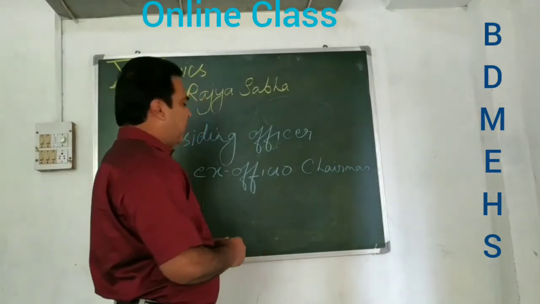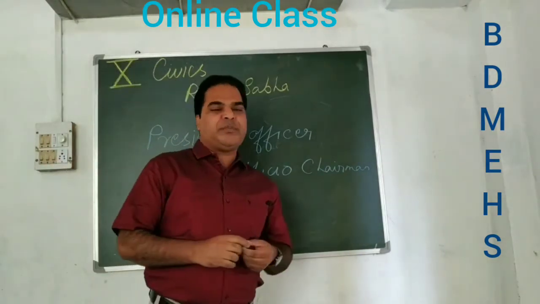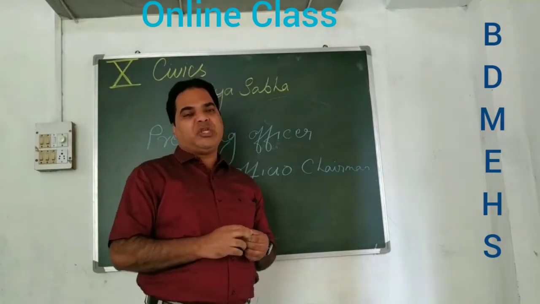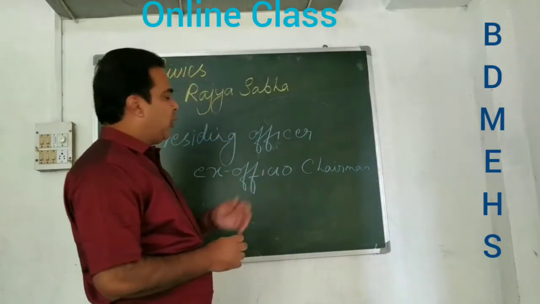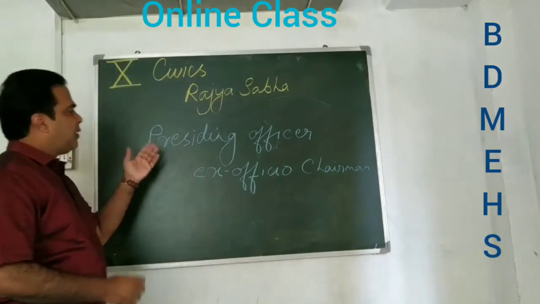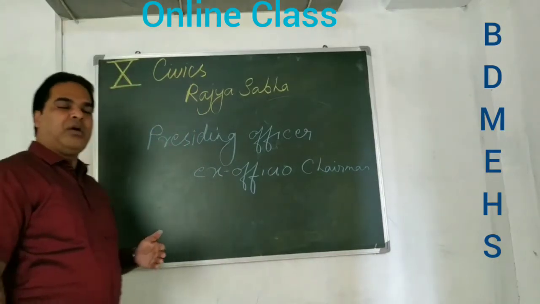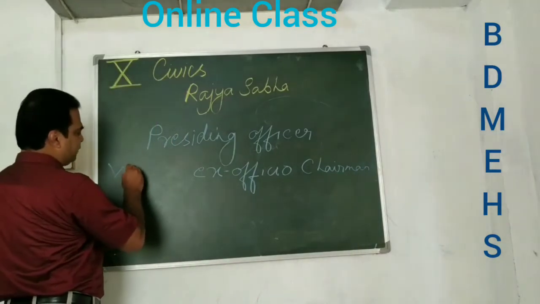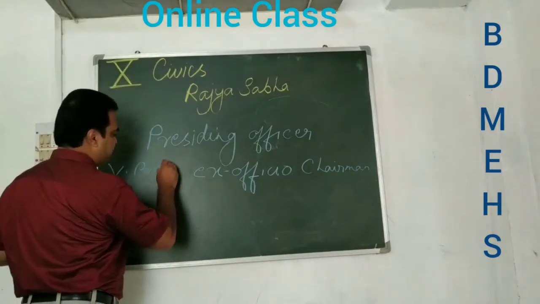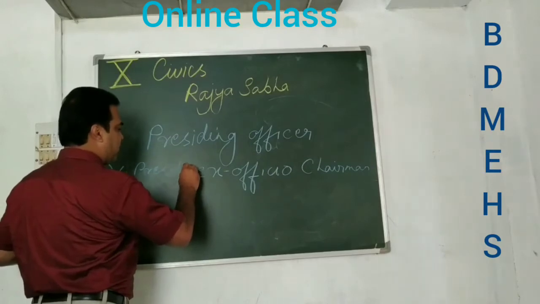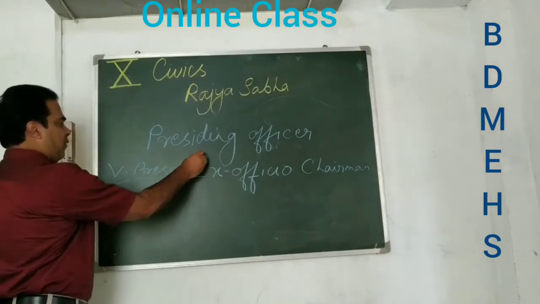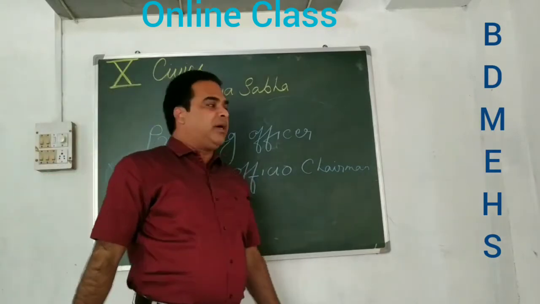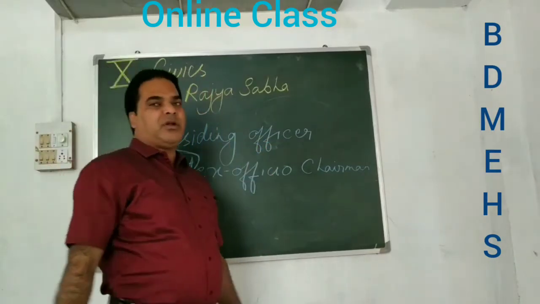Now, who is the presiding officer or the presiding chairperson of Rajya Sabha? The presiding officer of the Rajya Sabha is the Vice President. The Vice President of our country is the presiding officer of Rajya Sabha.